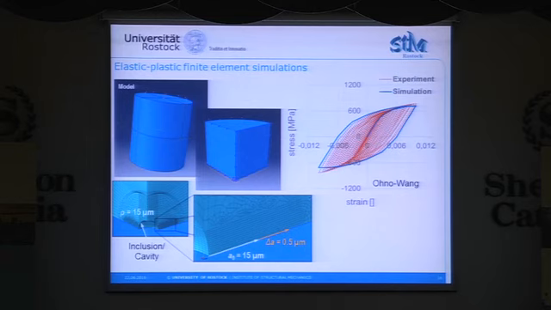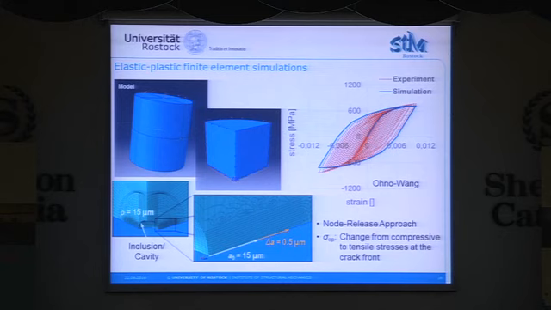With the node release approach, we propagate the crack with a crack length increment of 0.5 micrometers and determine the threshold stress, in that the stresses at the crack front change from compressive to tensile.